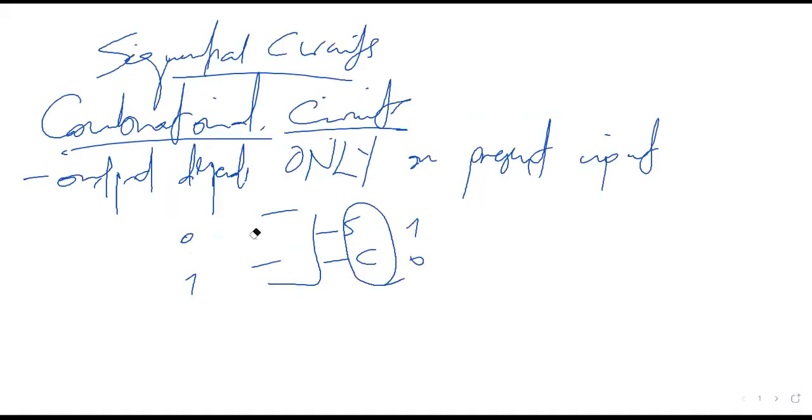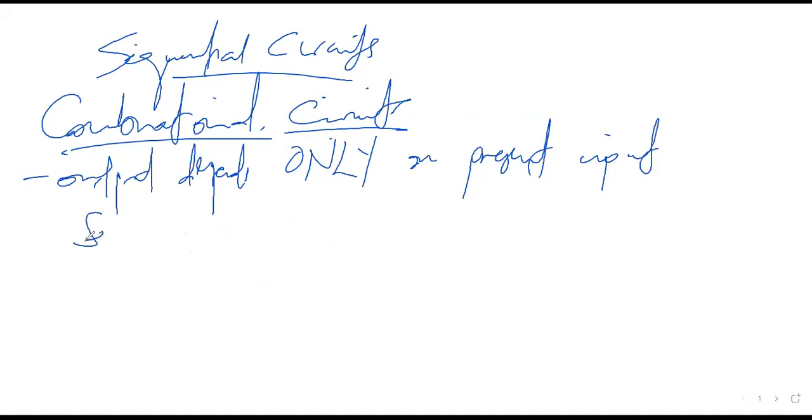Sequential circuits, as I'm saying, it's still not clear in my head. So I'm hoping once it is clear, it will also be clear to you. For sequential circuits, the output depends not only on the present inputs, but also on the past.